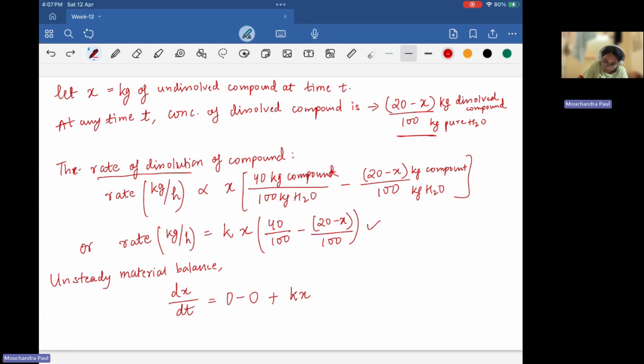So it will become kx into 40 by 100 minus 20 minus x by 100.